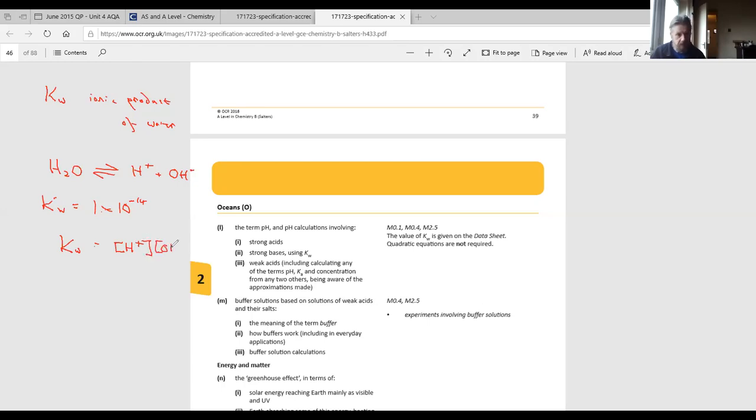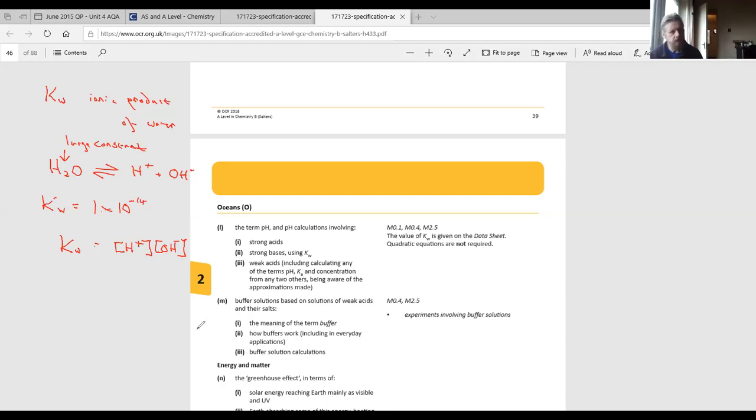It's not over water, because water is present in a large excess at the start and after it reaches equilibrium. So that's large and constant, so we can discount it. But when you take things out, you can't just make them disappear and then forget about them. Might be convenient, but we can't. So that's why it's not Ka anymore, it's Kw.